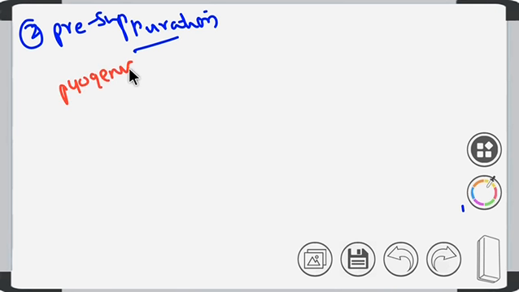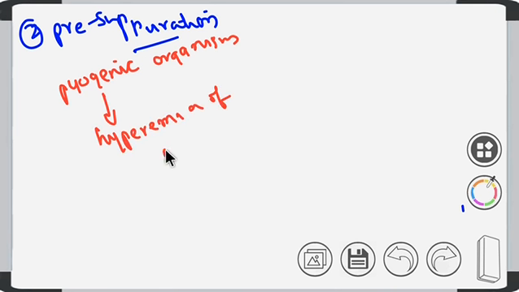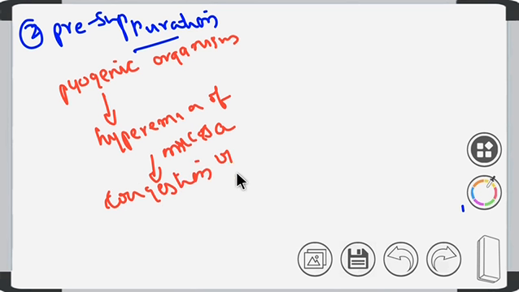Due to this, there will be hyperemia of the mucosa. Due to this hyperemia, there will be congestion of the tympanic membrane. Clear?